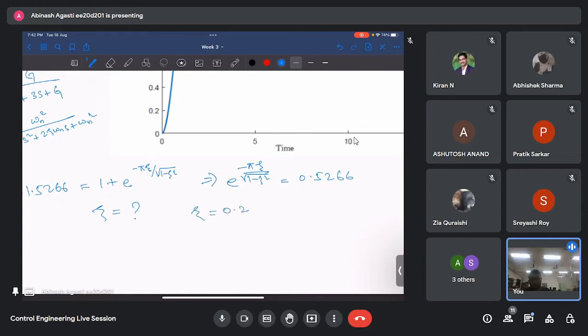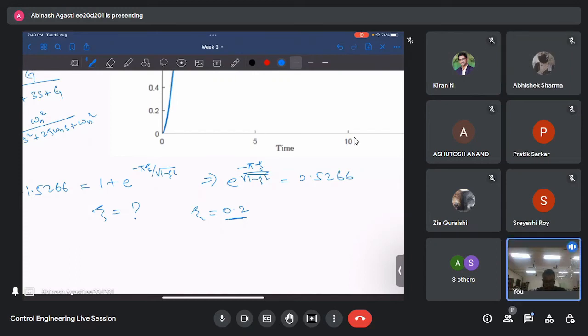Can someone verify this? So zeta 0.2, sir. Got it. Abhishek, maybe you have made some mistake. Just check it once.